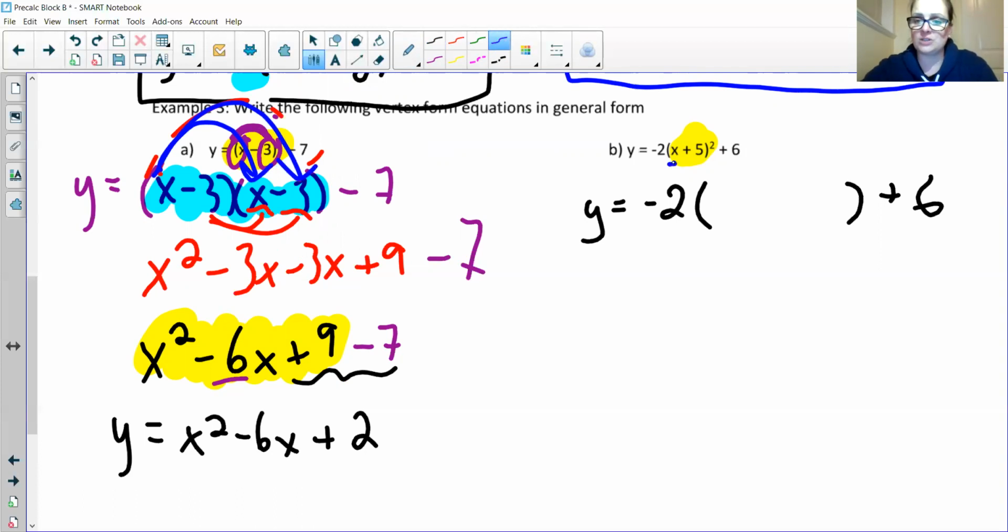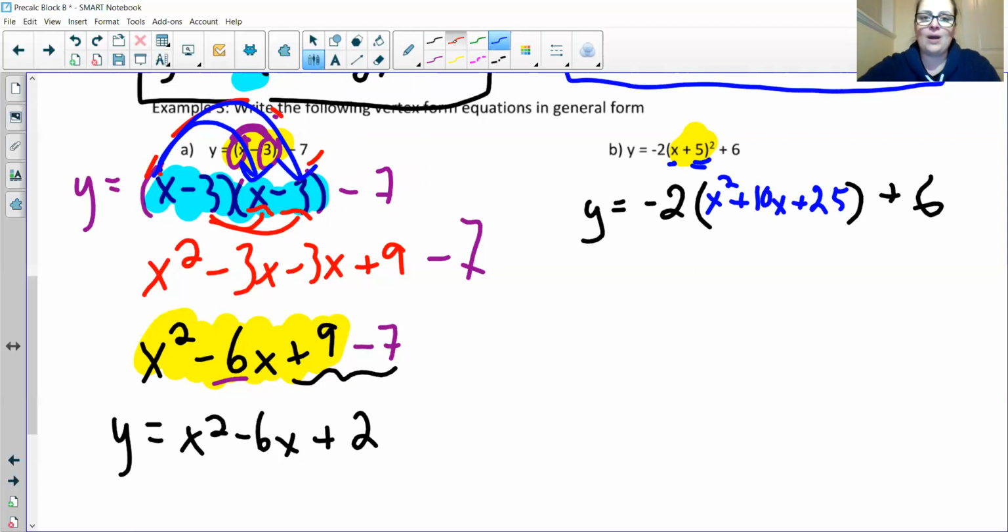The first term squared is x squared. The last term squared is 25, a positive 25. x times 5 is 5x, 5x times 2 is 10x. I just realized I didn't give myself enough room to write it, so we have x squared plus 10x.